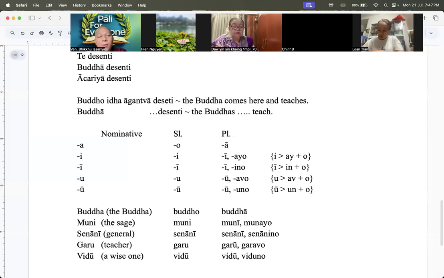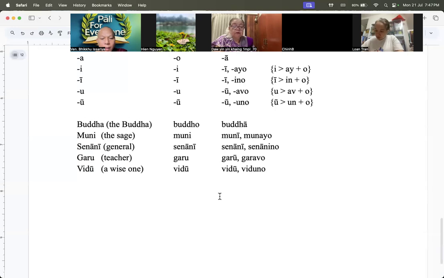Okay. So now I will skip the vocative case for a while. Instead, we will go to the accusative case. The accusative case is more useful for us. Later, I will explain the vocative case.